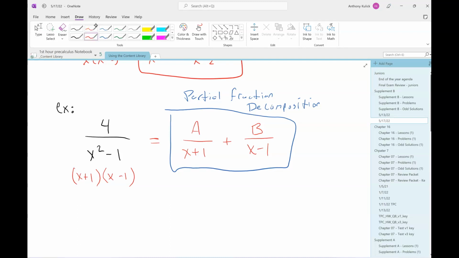Are we all okay? So the next thing I'm going to do is make a common denominator on that right-hand side.